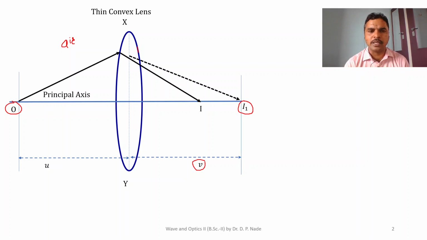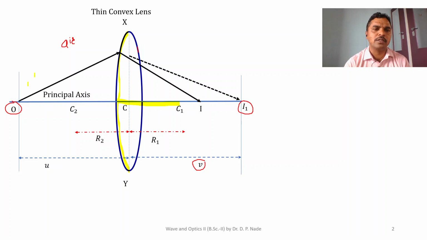Now we consider the curvature of the lens. C1 is the center of curvature for this part of the lens, and R1 is the radius of curvature of this part of the lens.